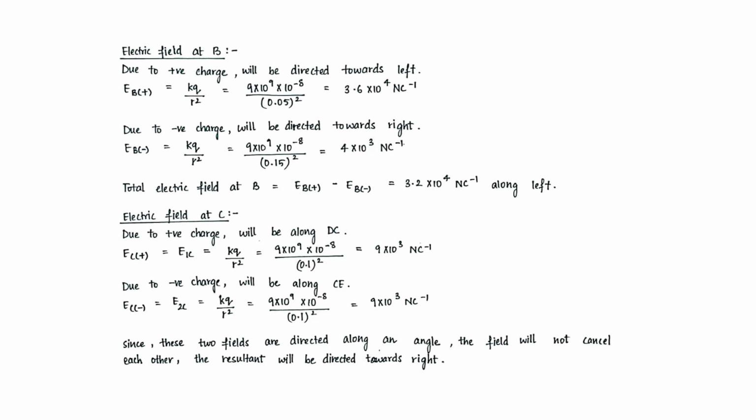Now the electric field at B. So we have already seen where the point B is, and the field will be directed away from our positive charge towards the left side and, due to the negative charge, towards the right side. I will draw the diagram here in the right corner with blue ink.